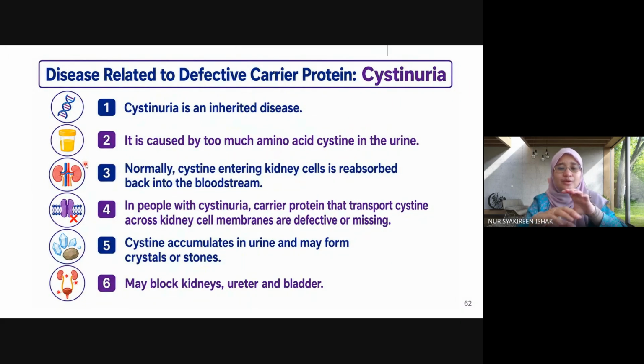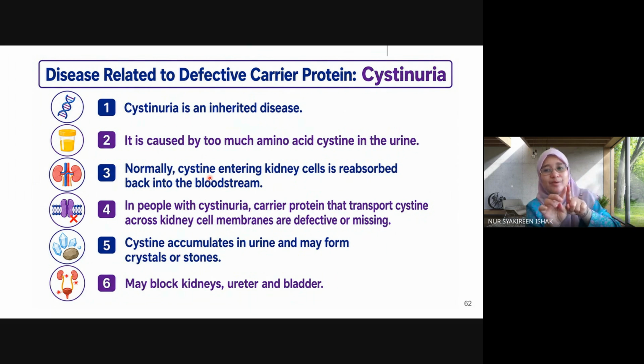So these nutrients, including the amino acid cysteine, for example, that enter the filtrate, have to be reabsorbed back into your blood. But the carrier protein that is supposed to transport cysteine from the filtrate in the nephron back into your blood is not functioning well, or it is absent, it is defective.